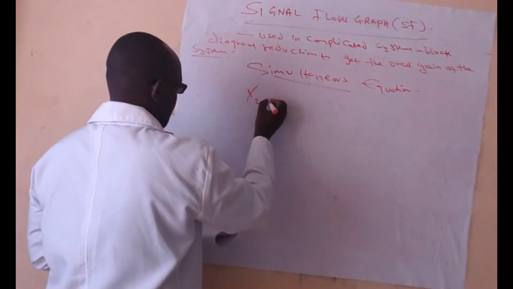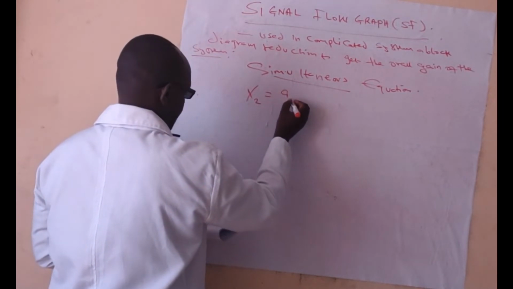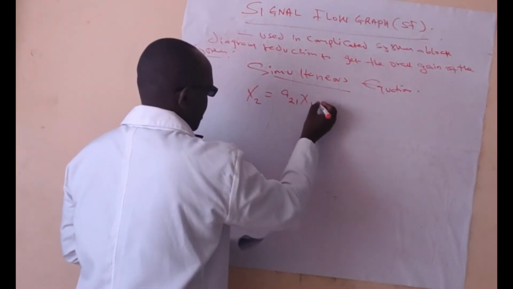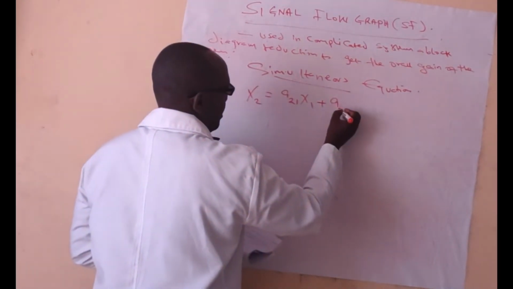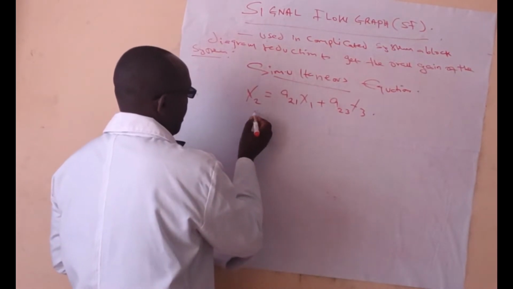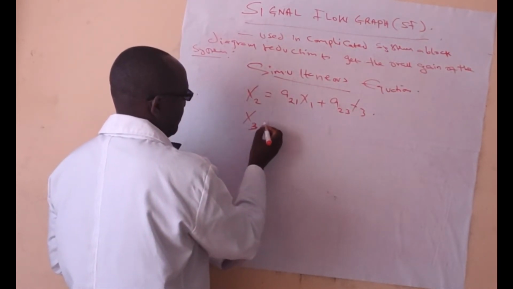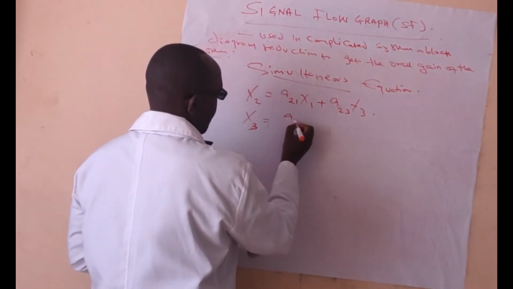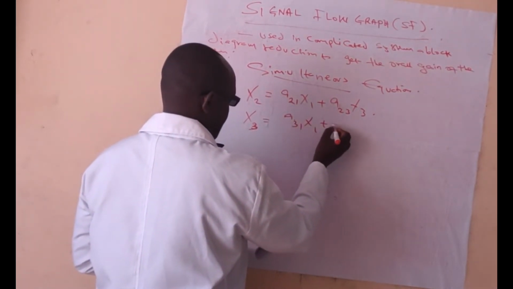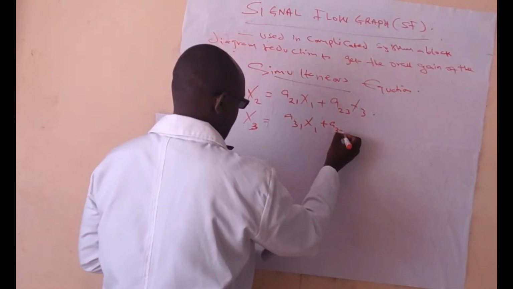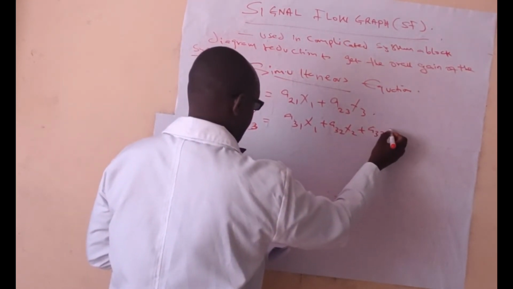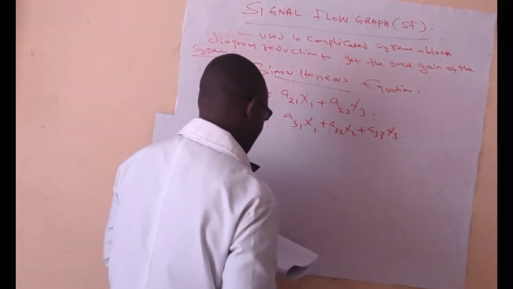For example, x2 equals a21 x1 plus a23 x3; x3 equals a31 x1 plus a32 x2 plus a33 x3.